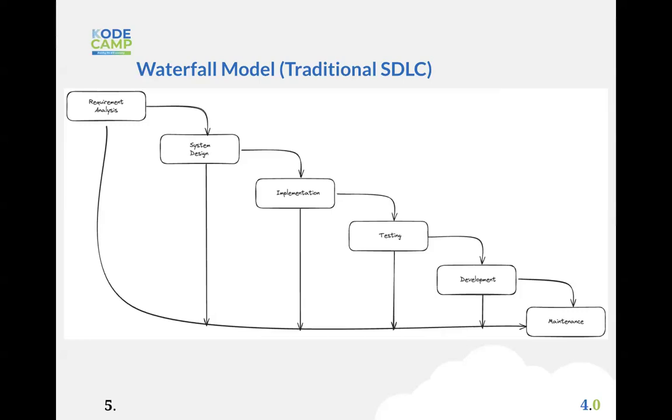When that is done, it is closed up. We know what we are doing, well documented. We are moving into the next stage of system design. And then we'll call some of our friends from the UI UX team, also from KodeCamp, of course, to come and help us with designing what kind of software we're trying to build. We go through the designing stage.